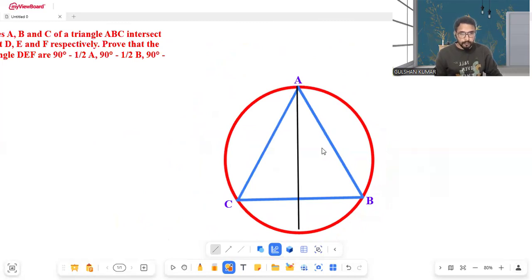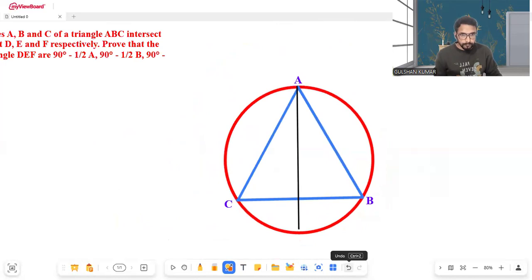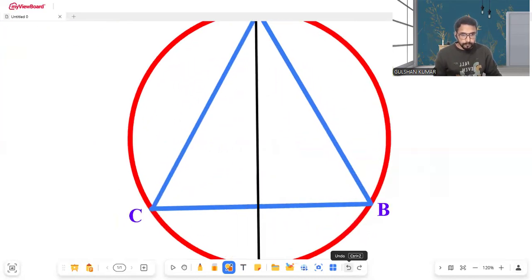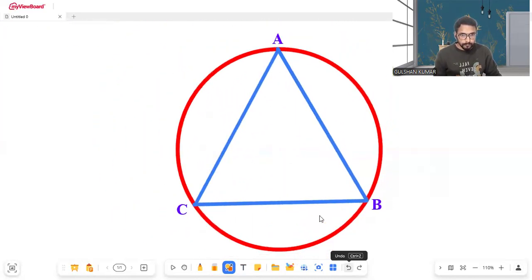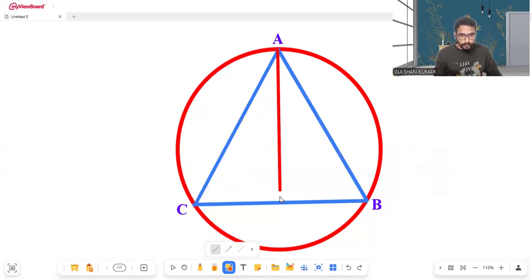This will be the bisector, increased in thickness and colored red.